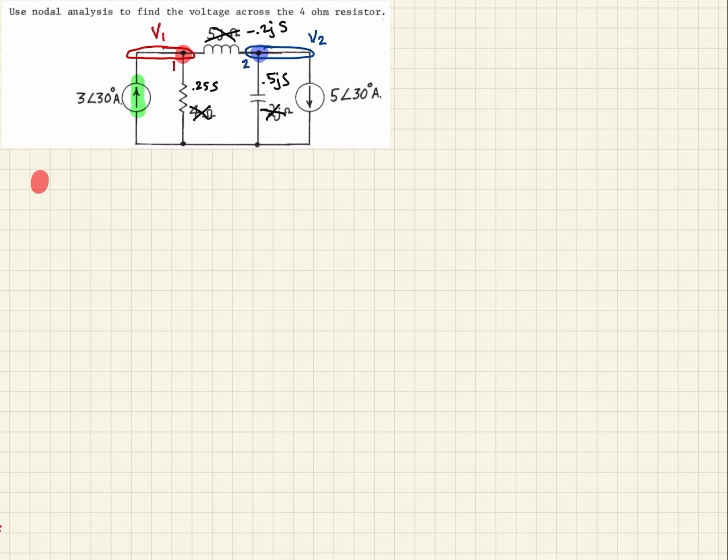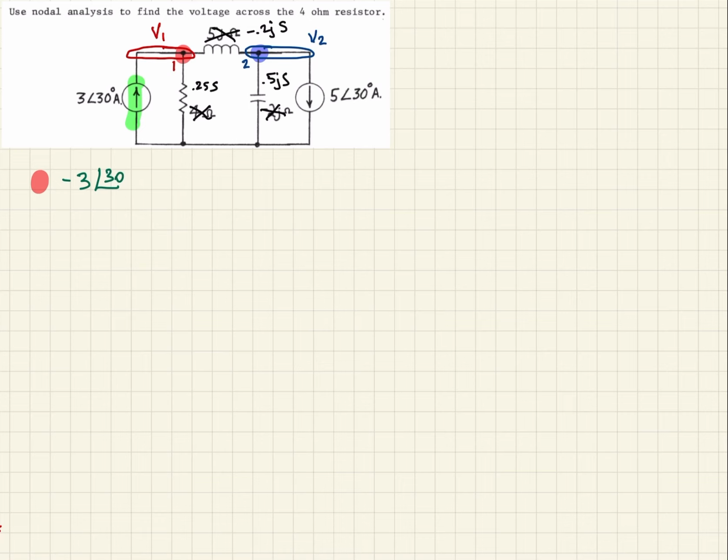So this current is shown entering the node, so it will be a negative 3 at an angle of 30. That's this component here, contributing to that.